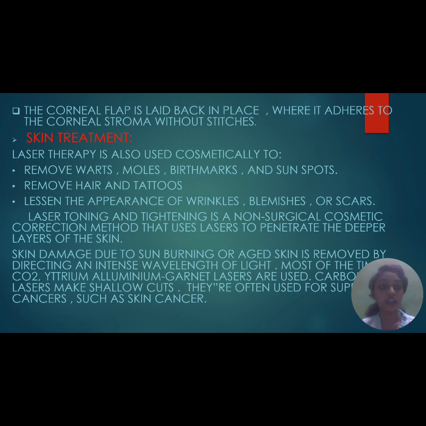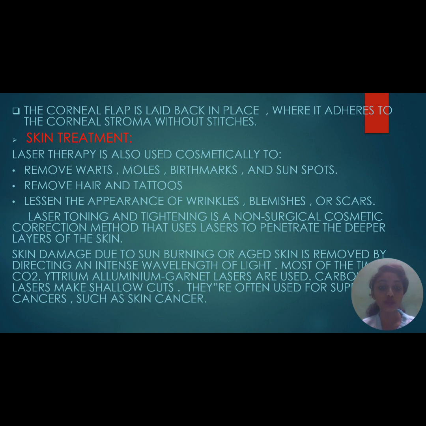Skin treatment. Laser therapy is also used cosmetically to remove warts, moles, birthmarks, and sunspots, remove hair and tattoos. It is also used in lessening the appearance of wrinkles, blemishes, or scars. Laser toning and tightening is a non-surgical cosmetic correction method that uses laser to penetrate the deeper layers of the skin.